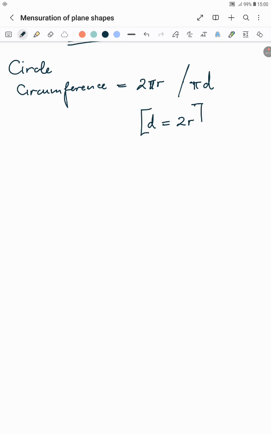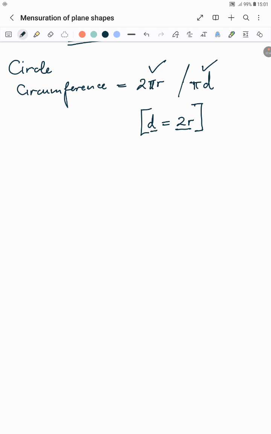So if you substitute d, you put 2r and you have your formula as 2 pi r. And if you remove 2r, you have pi d. Both will give you the same thing, which is the circumference of a circle, which is also the perimeter of a circle.